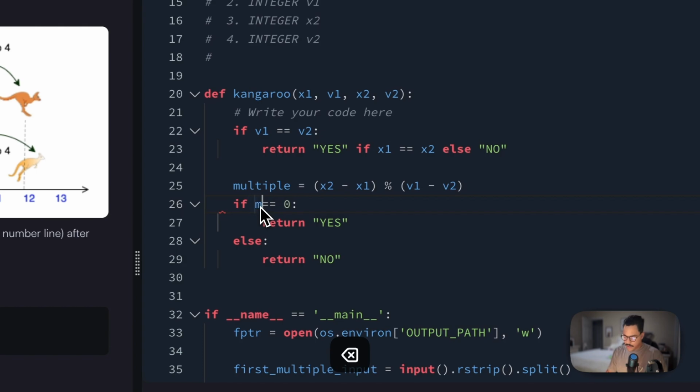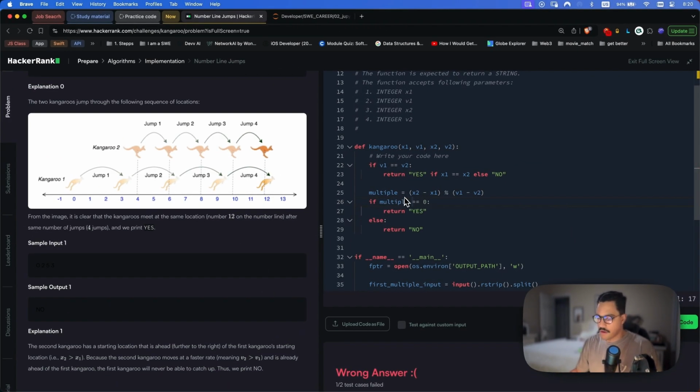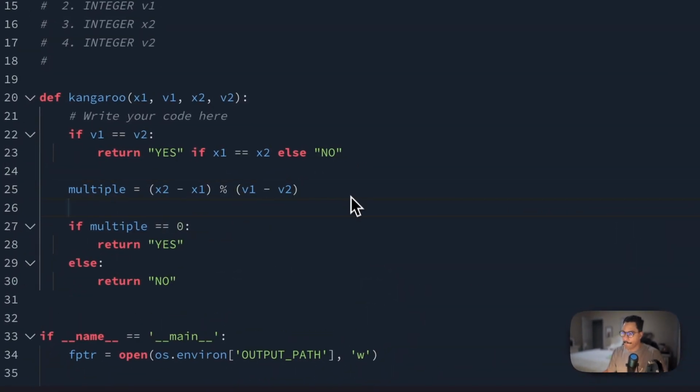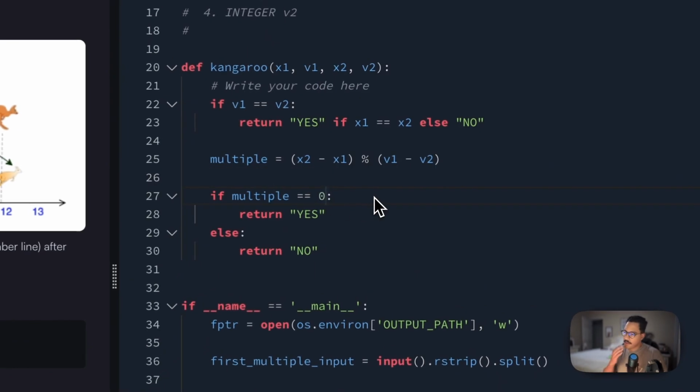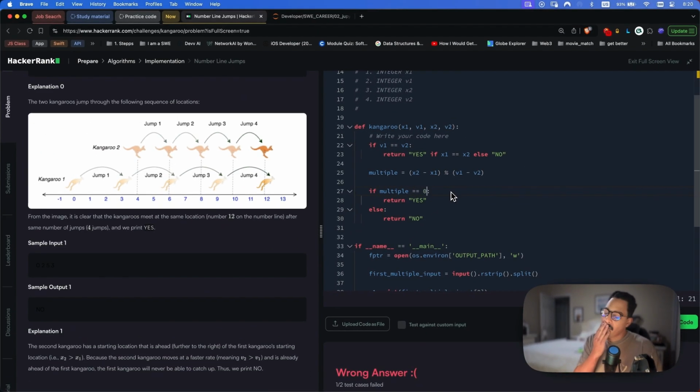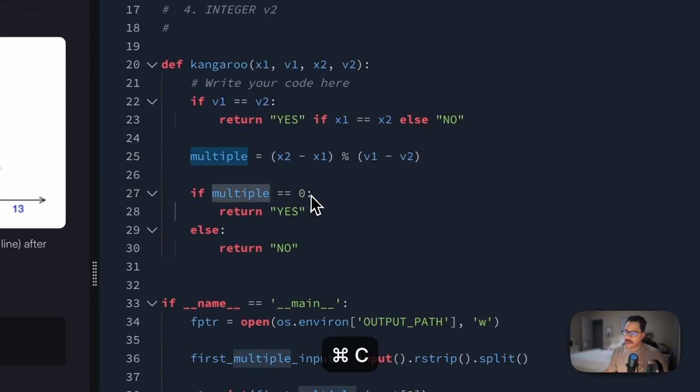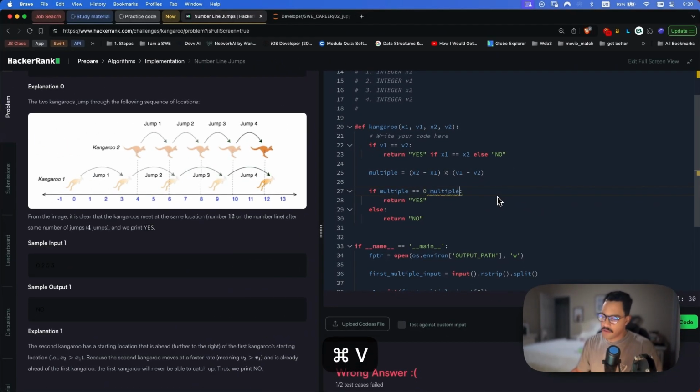If the result of that is equal to 0, could it be because this number might not be an integer, or might not be equal to 0?